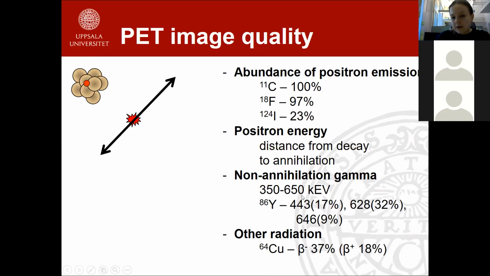And we have this value between 350 and 650 keV. It's a registration window in a PET detector. So a PET detector registers everything between 350 and 650 keV. Can you imagine why these values were selected? Can you think about the reason why these values were selected?